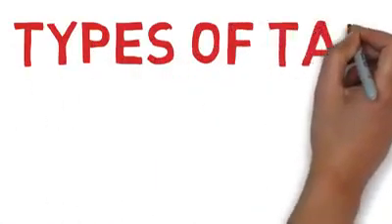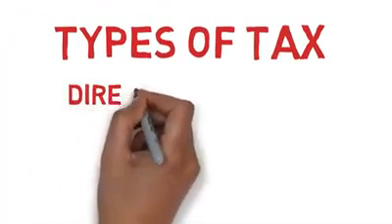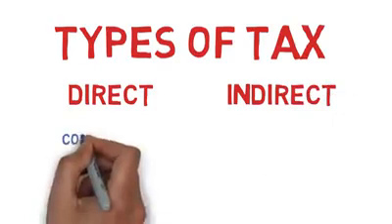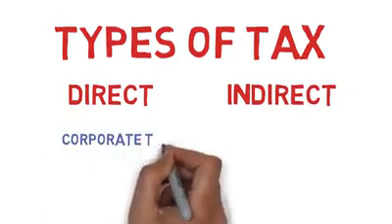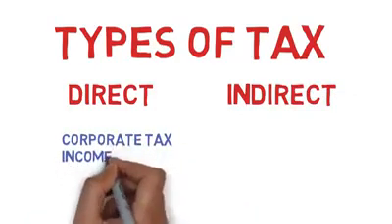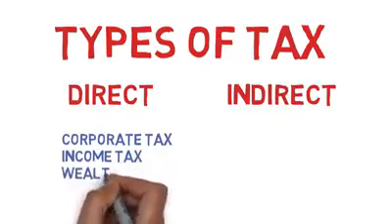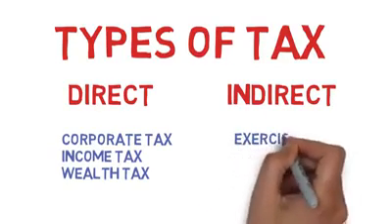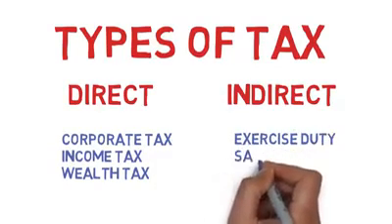There are actually two types of taxes. One is direct tax and the other is indirect. The direct tax is one whose liability cannot be shifted to someone else, like corporate tax, income tax, wealth tax, etc. But indirect tax is the tax whose liability can be shifted to someone else.